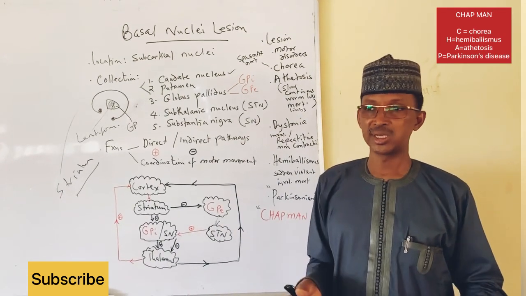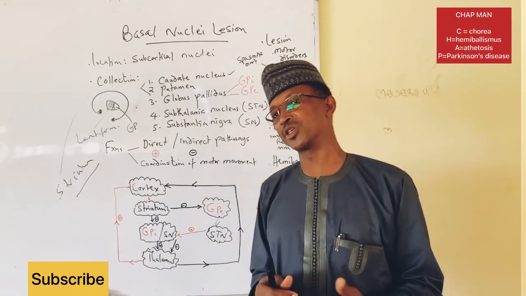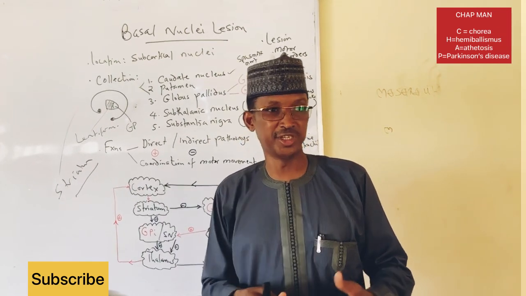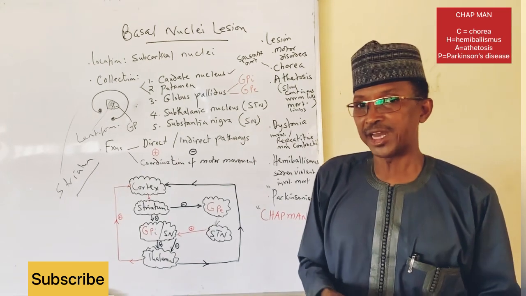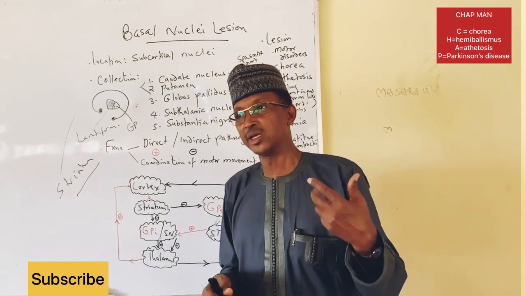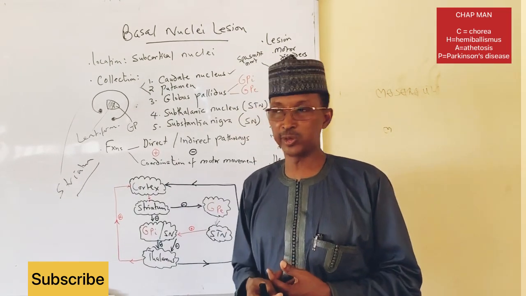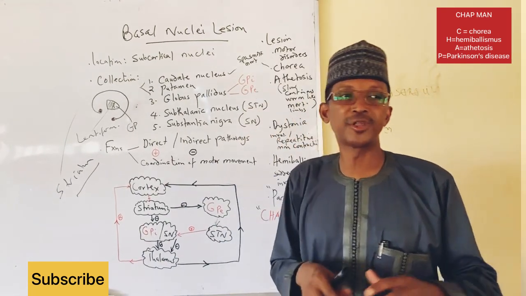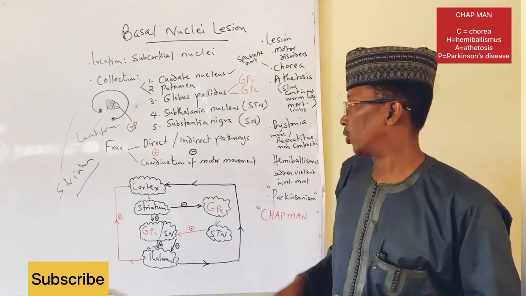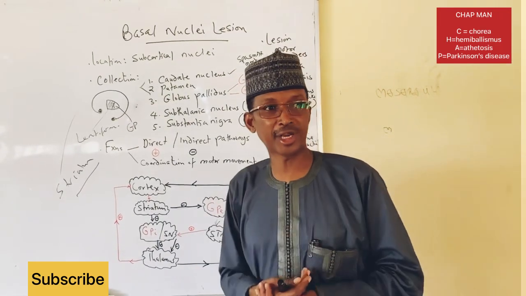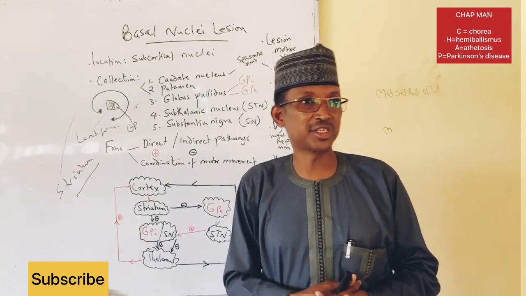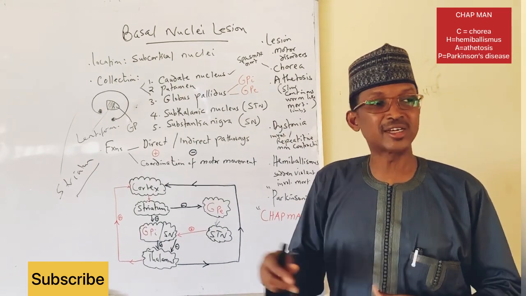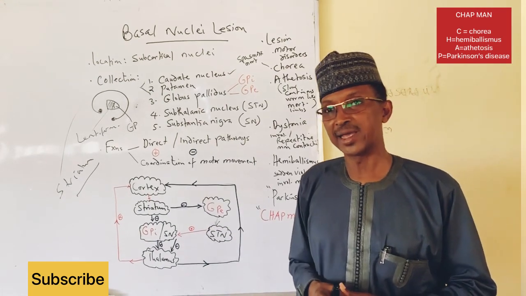The majority of the cases of basal nuclei problems have to do with degenerative diseases that affect some part of the nuclei, the substantia nigra, for example, and some other nuclei there. Apart from degenerative diseases, there are things like trauma, injury, and metabolic diseases like hypertension and diabetes mellitus, due to blockage of the arterial supply to the basal nuclei.